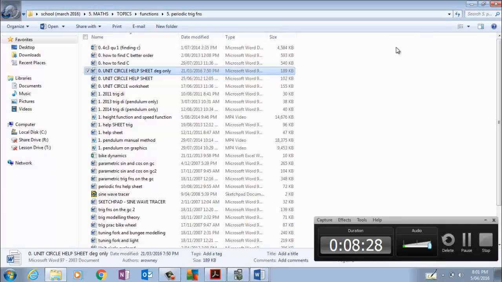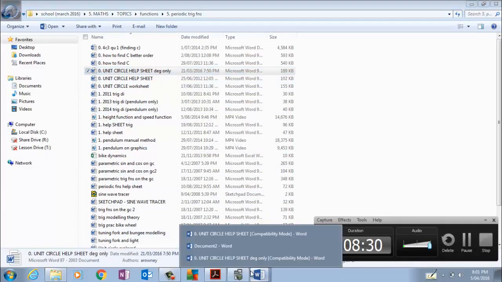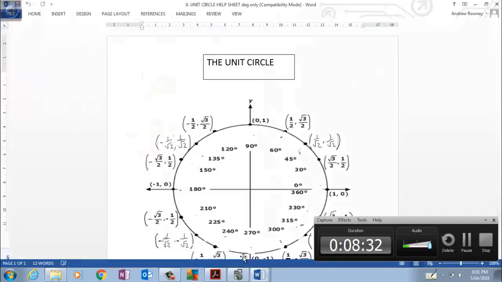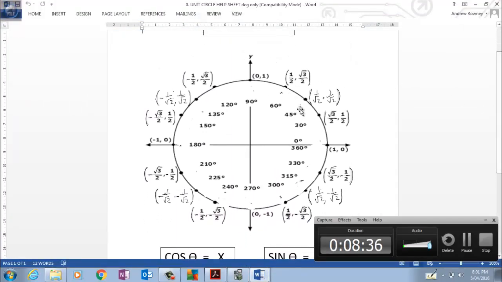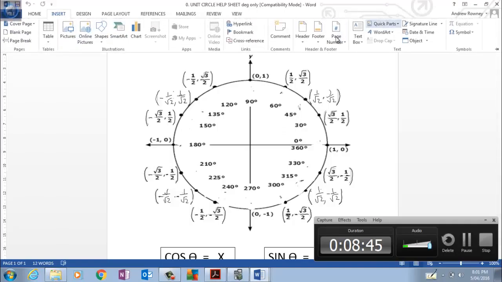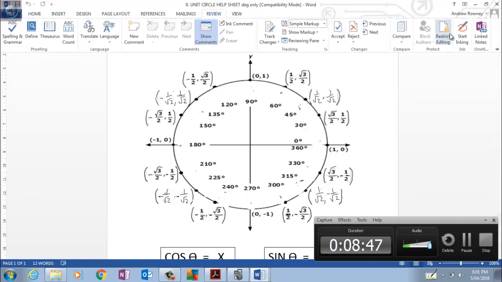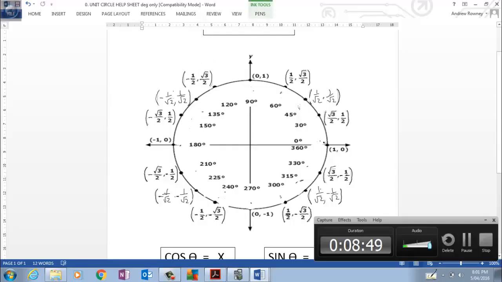I'll bring up the unit circle, and I want you to see if you can actually get the radians for each of these angles around the unit circle. So I'll do the first couple. The first one we've already done, 360 degrees, that is equivalent to 2 pi.